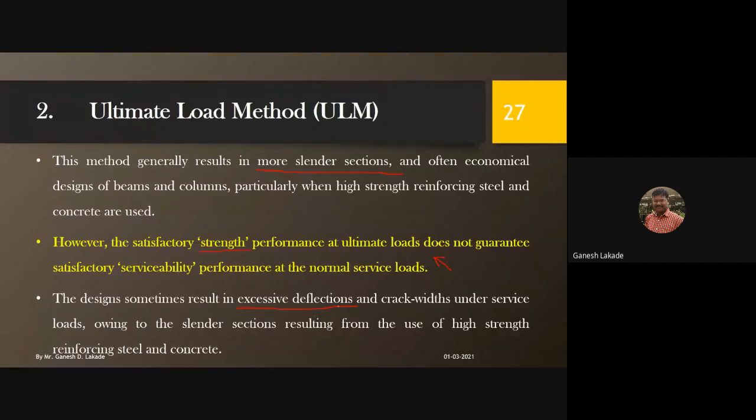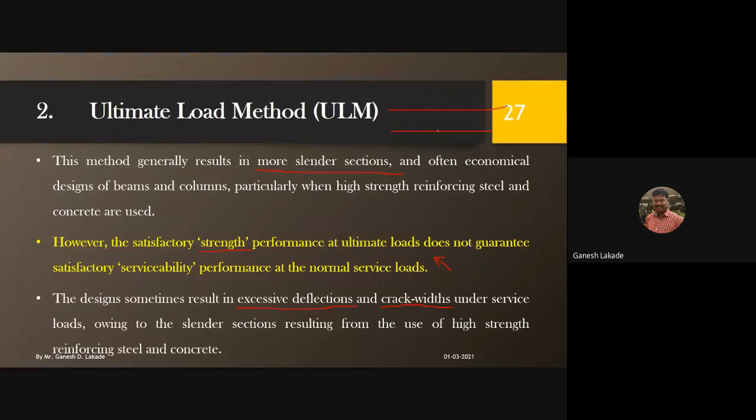What happens if we don't consider excessive deflections and crack widths? If excessive deformation happens, then as we know, as the tensile stresses increase in the concrete, the concrete will not carry the tensile stress and cracks will form. That crack will start from the bottom of the concrete section.